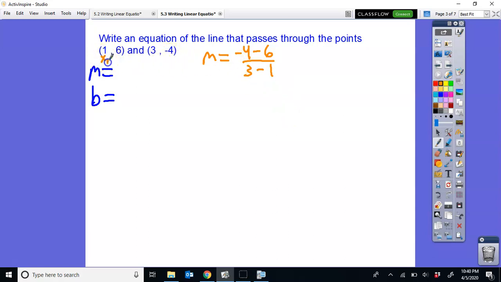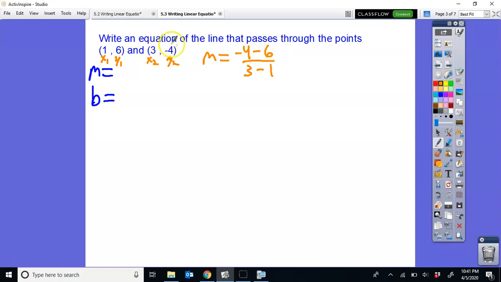Notice on this one you have 2 points, just like we had when we were finding the slope earlier in the chapter. It's the same concept. The only difference is now I'm not just stopping at the slope, but I'm also going to find the whole equation for the line. But finding the slope is still the same.